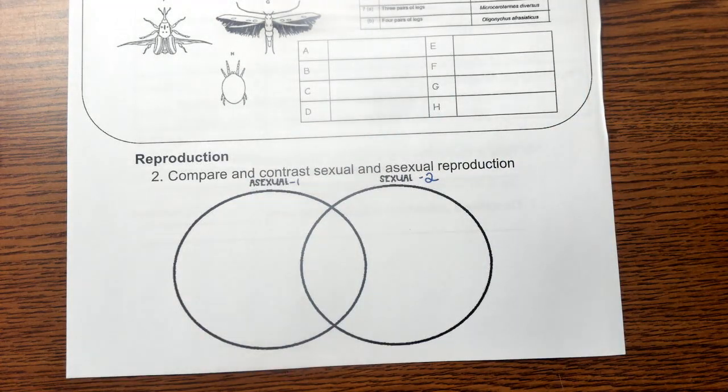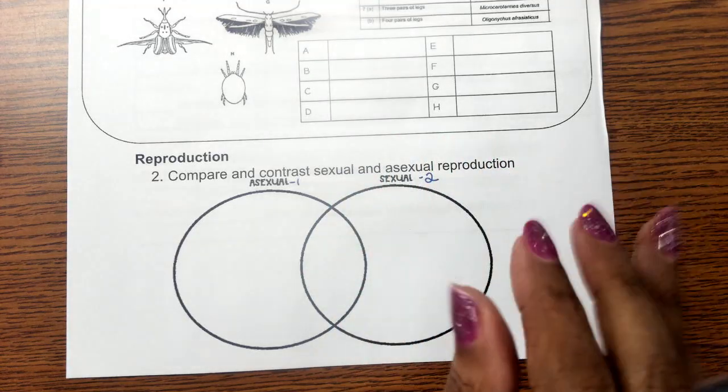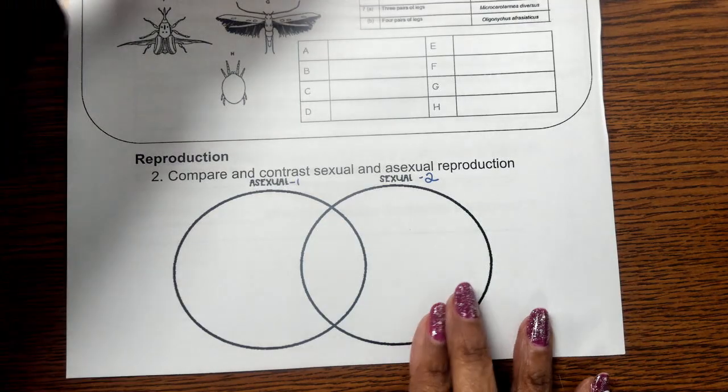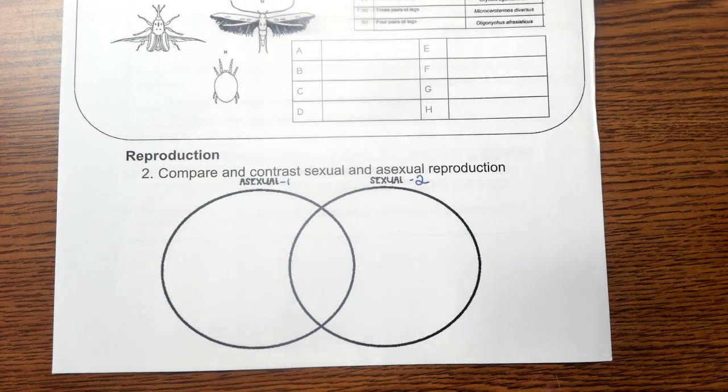You do need to know the differences between the two. Not only do you need to know the basic definition, but you'll need to be able to read a question and analyze based on the question whether it's 1 parent or 2 parent. And there'll be some samples of that in this Edpuzzle.